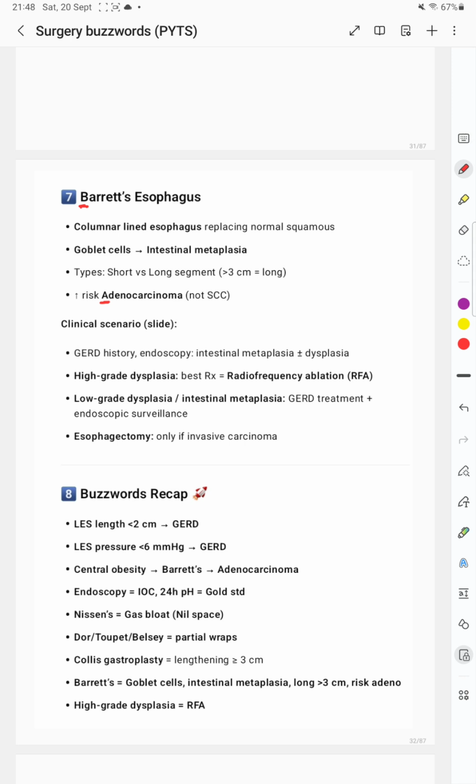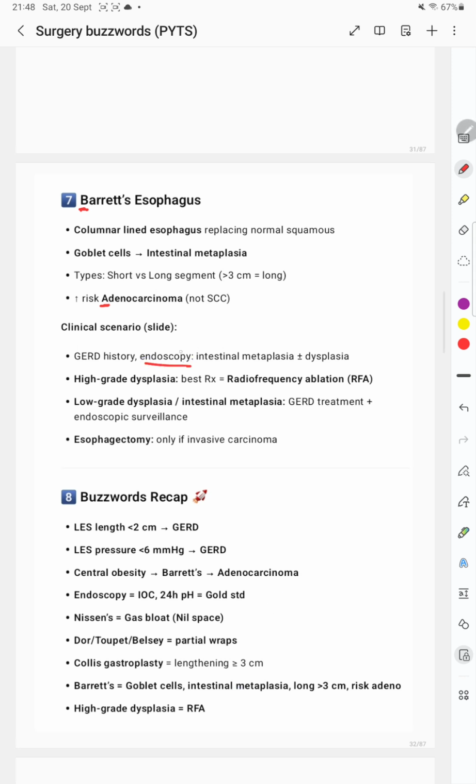Now in a clinical scenario, a patient will come to us with a GERD history, and we can see on endoscopy. Endoscopy is the investigation of choice. In the history of GERD, the patient has heartburn, water brash, pharyngitis, laryngitis, all these things.